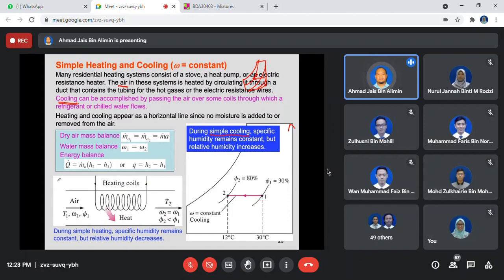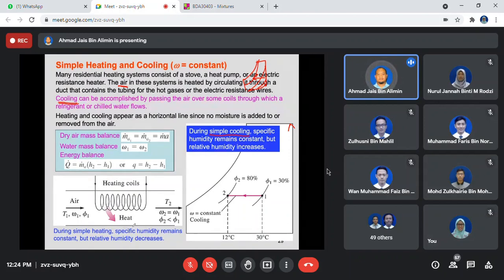In this schematic process, you have the air coming from left to right, and the air meets the heating coils. Because the heating coil is a source of heat, it transfers the heat from the heating coil to the air. As a result, the temperature increases and the specific humidity remains constant, but the relative humidity will drop.